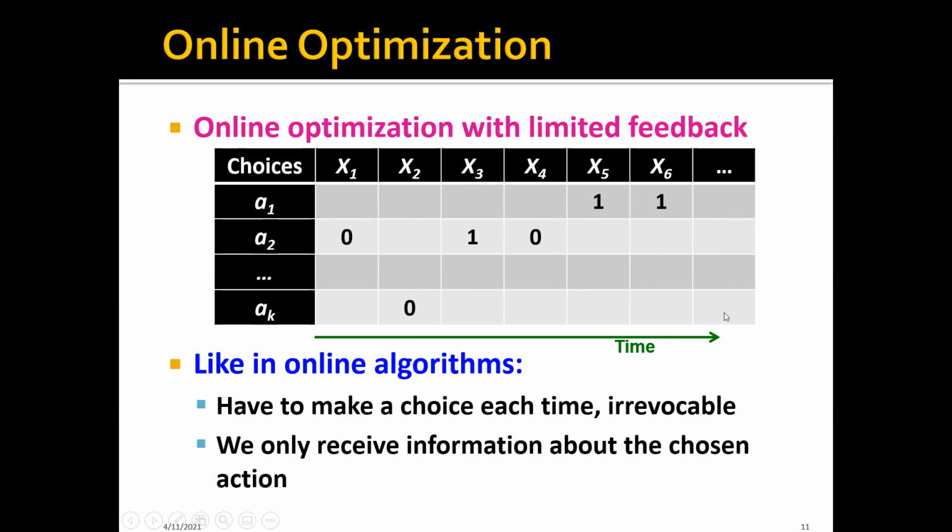This is what we mean by irrevocable. And then another thing is that we only receive information about the chosen action. So you can see that in the first round, we only choose the second arm, right? So we only get the information about the second arm. We don't know what would have happened if we chose all the other arms in the other rounds.